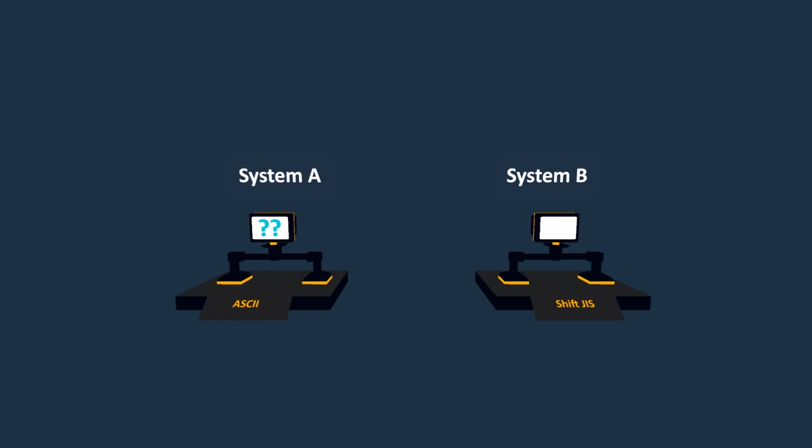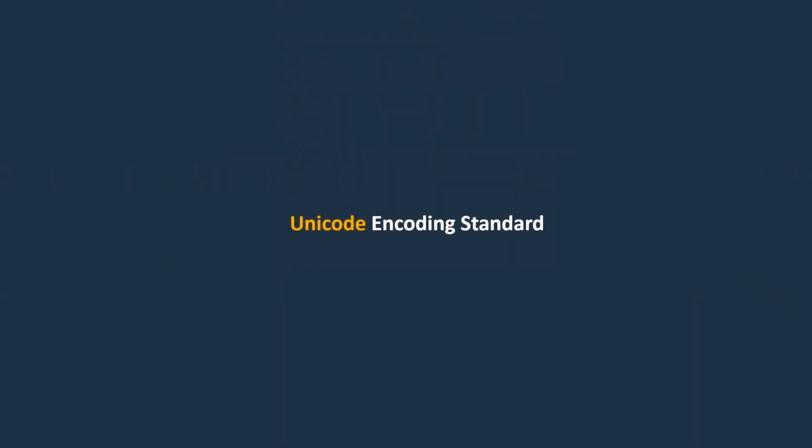As you can see, this example highlights why having a standard way of representing textual data such as Unicode is essential for avoiding issues across different systems with different encoding schemes. Alright, what exactly is Unicode and how does it represent textual data?